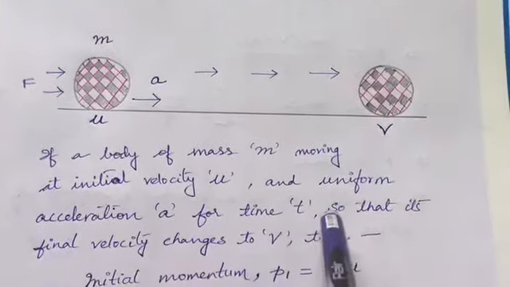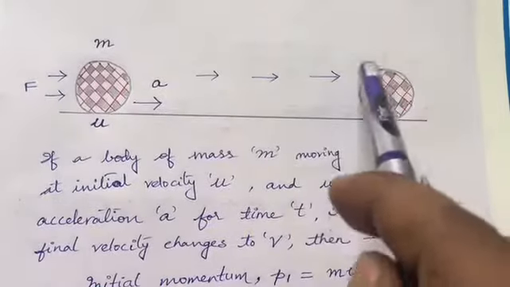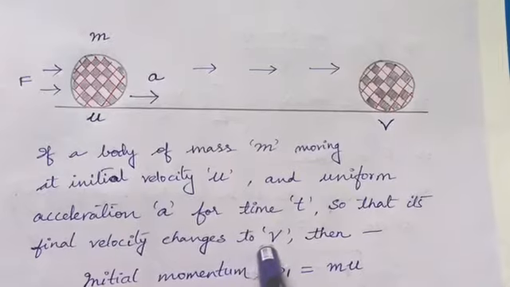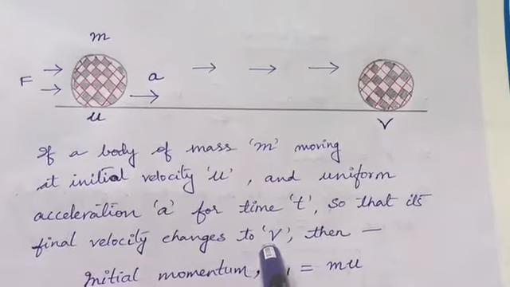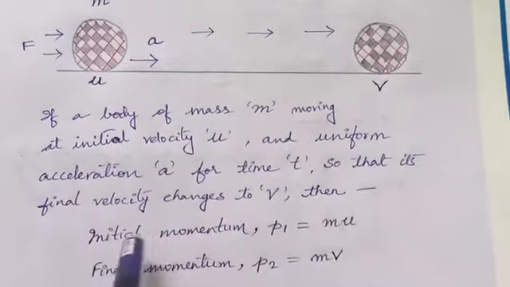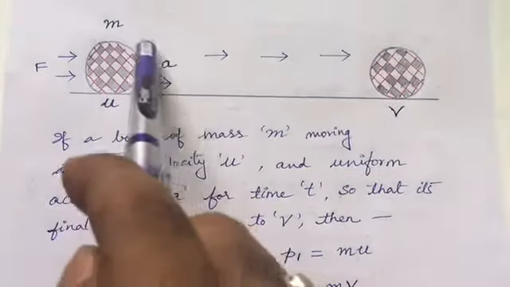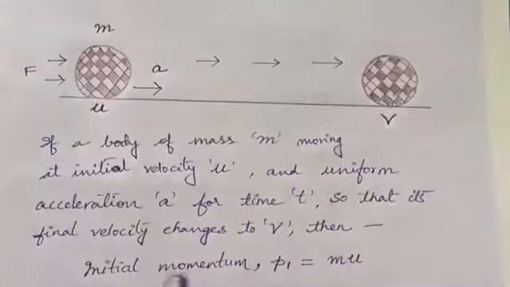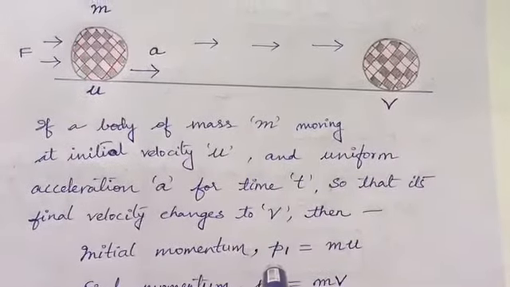When it has reached here, the final velocity is v.